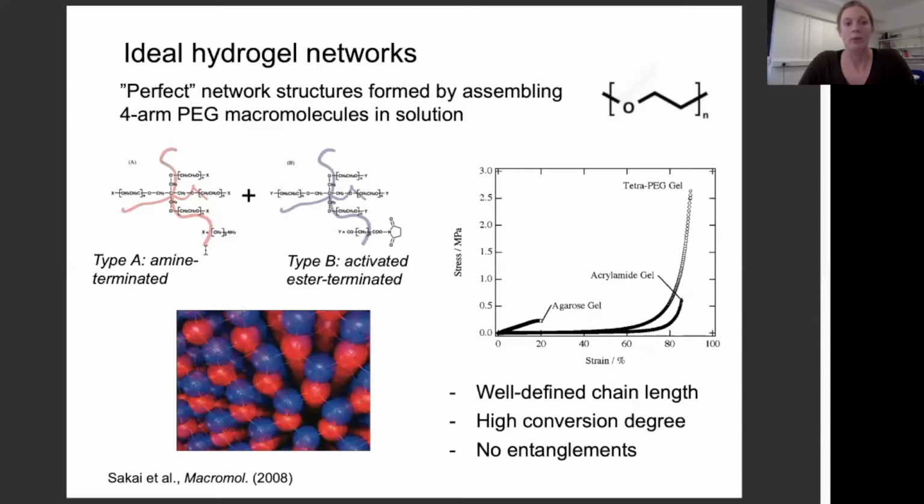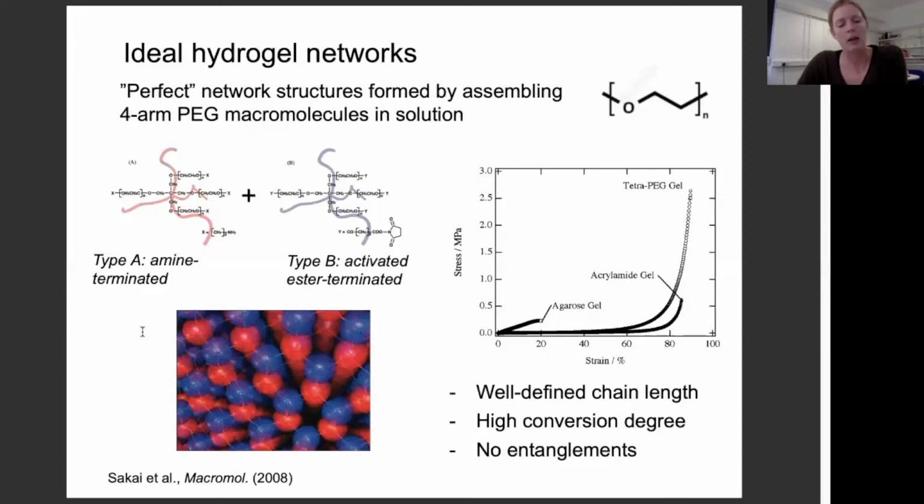That will prevent the formation of first-degree loops and potentially lead to an almost perfect network architecture. It's been shown that these macromolecules behave essentially as incompressible spheres in solution, and they really react to form this tetrahedra-like structure. So they can't form first-degree loops.